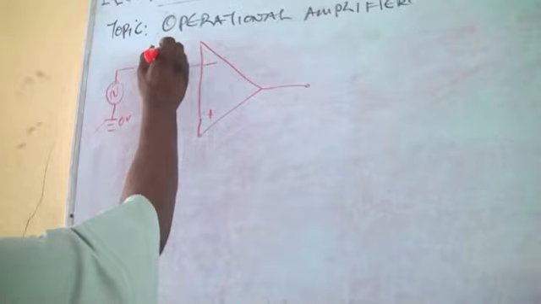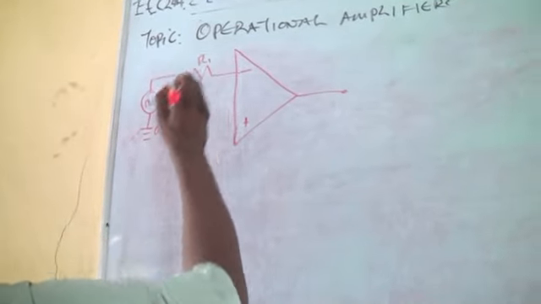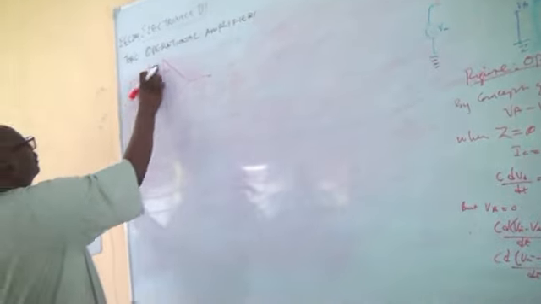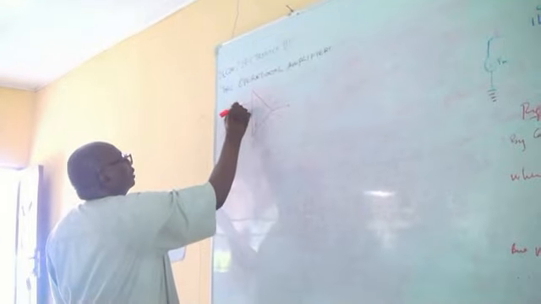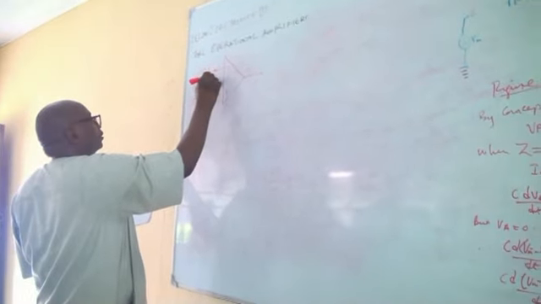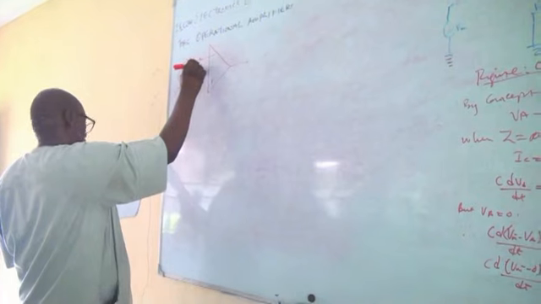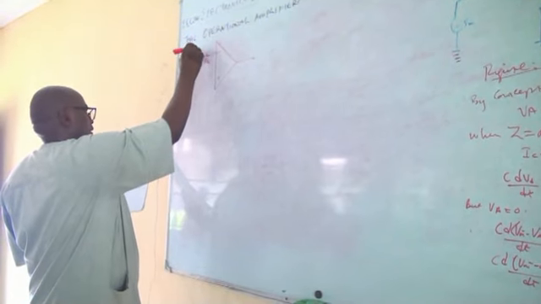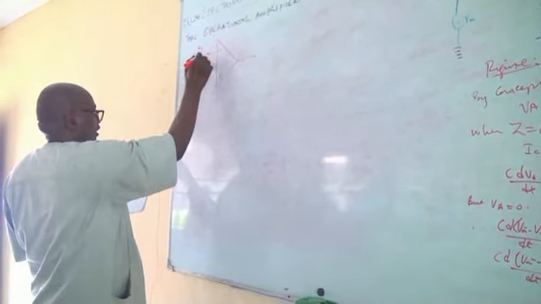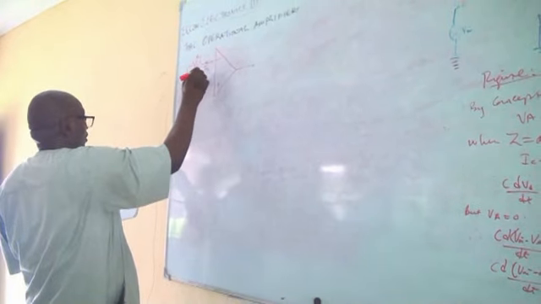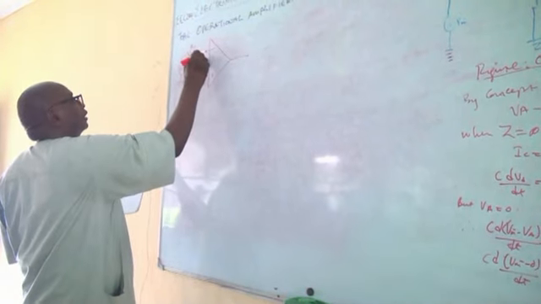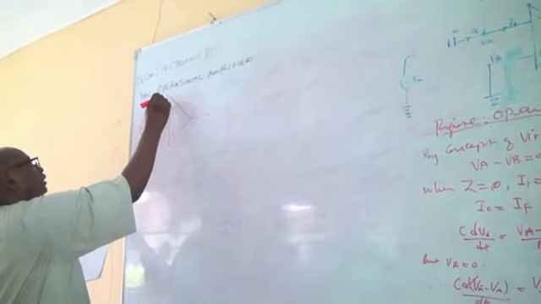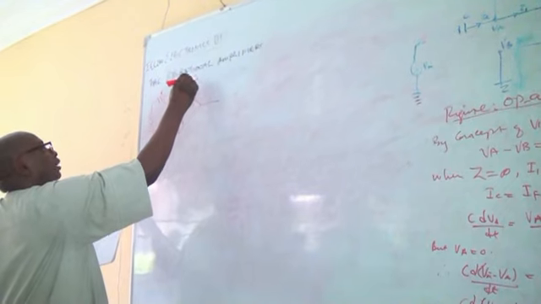This is 0 volts, and this is R1. The direction of current here is I R1. Do you see the direction of current? It's not going this side, it's coming backwards because it's a non-inverting component, and it is connected in a non-inverting mode.